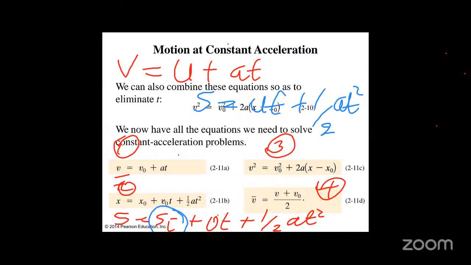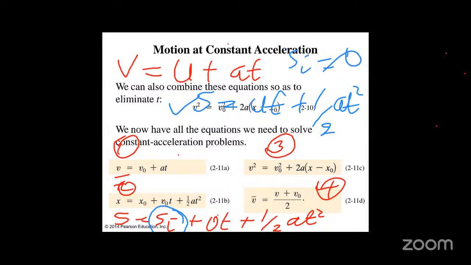The difference between these two equations is that for this one, it is assumed that the object is starting from rest, that is, the initial position xi is equal to 0.